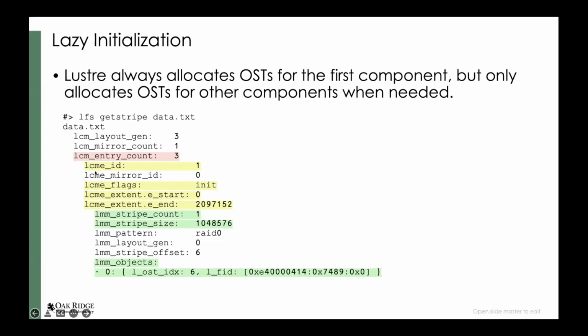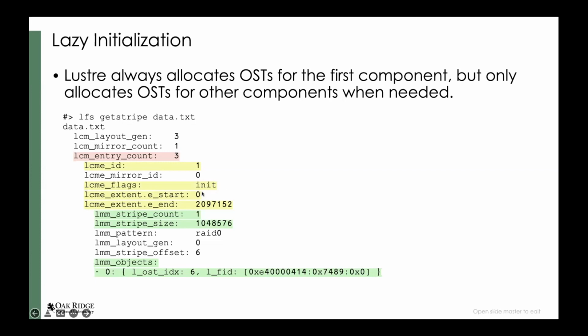The yellow ones show the component level fields, where you'll see the LCME ID that indicates that this is a component with ID 1. You can also see the various flags that are set for the component. In this case, the init flag is set, showing that it's been initialized.